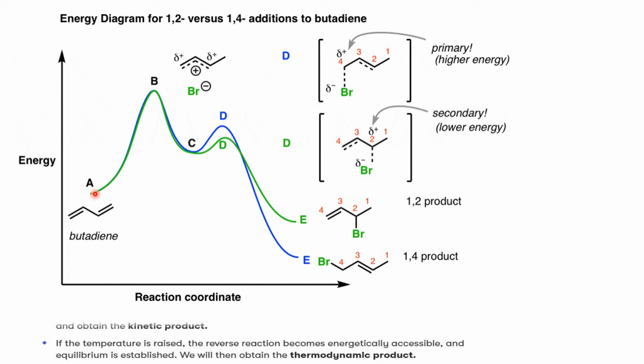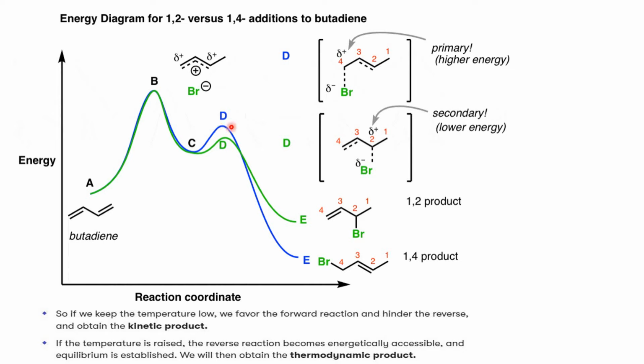So what happened? At low temperature, the forward reaction is favored and it hinders the reverse reaction, and we obtain the kinetically controlled product. But at high temperature, the reverse reaction becomes energetically accessible because it has more energy. So it can reach this high energy transition state easily.